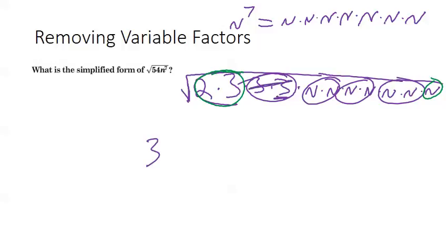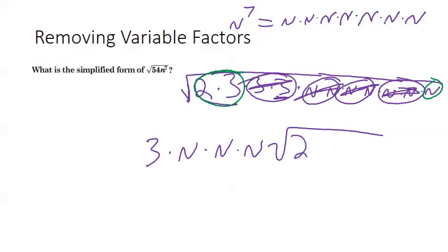We got an n, we got another n, and we got another n. What are we left with inside? Well, 2 and a 3, and an n. So 3 times n times n times n. We just talked about n to the 7th power being 7 n's. So 3 n's is going to be 3 times n to the 3rd power.